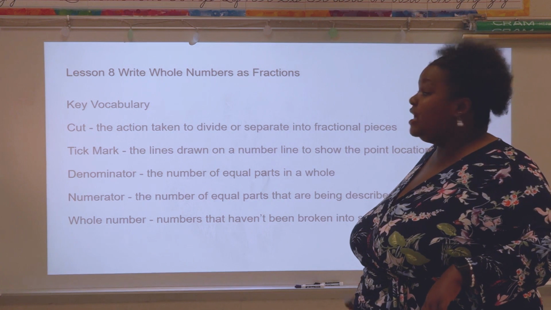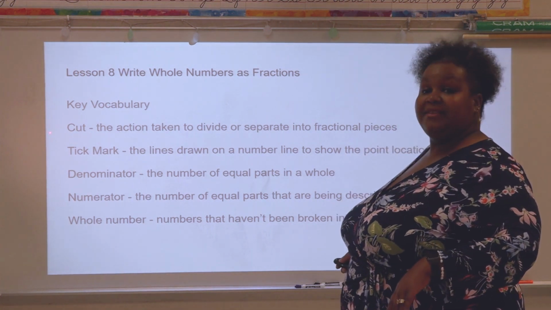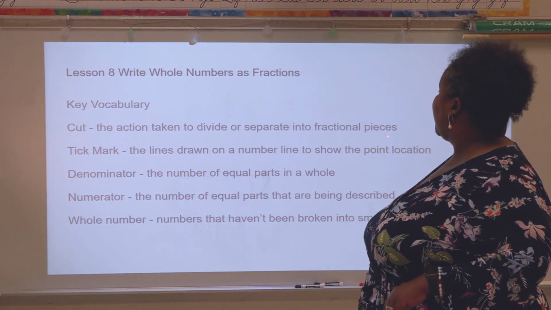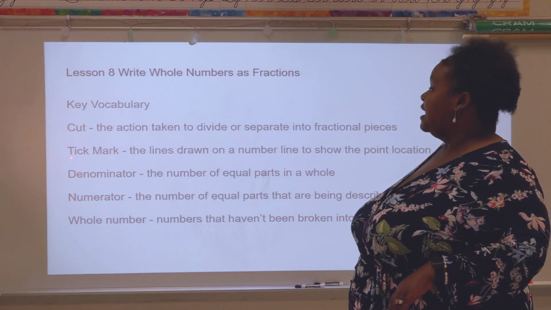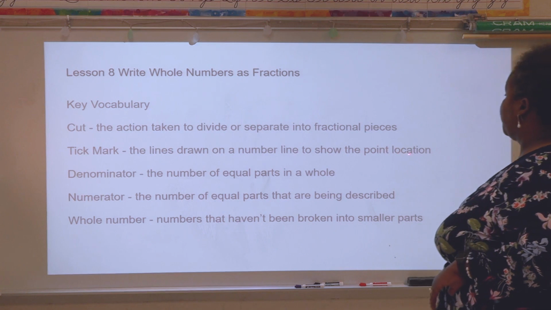And I have some key vocabulary words for this lesson. Cut, the action taken to divide or separate into fractional pieces. A tick mark, the lines drawn on a number line to show the point location.